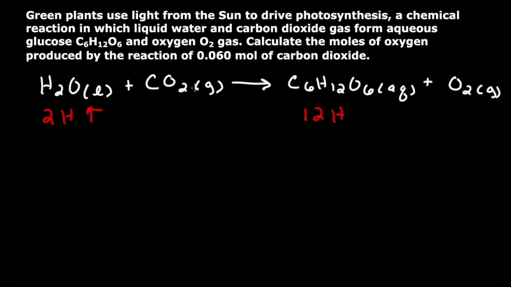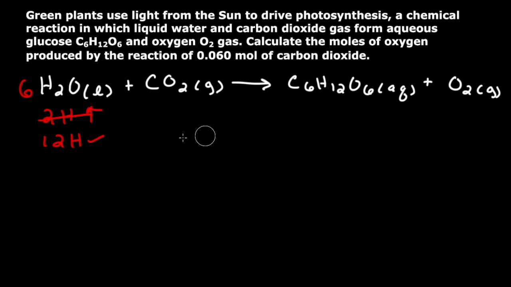I'm going to put a 6 right here, so I have 6 times 2, because each water molecule has 2 hydrogens. I need 6 water molecules, each with 2 H's, so that's 12 H's on this side, and 12 H's over here. So the H's are now balanced.